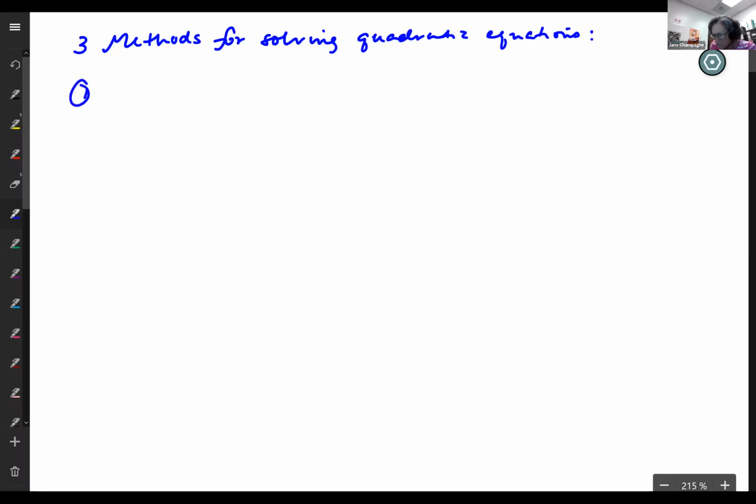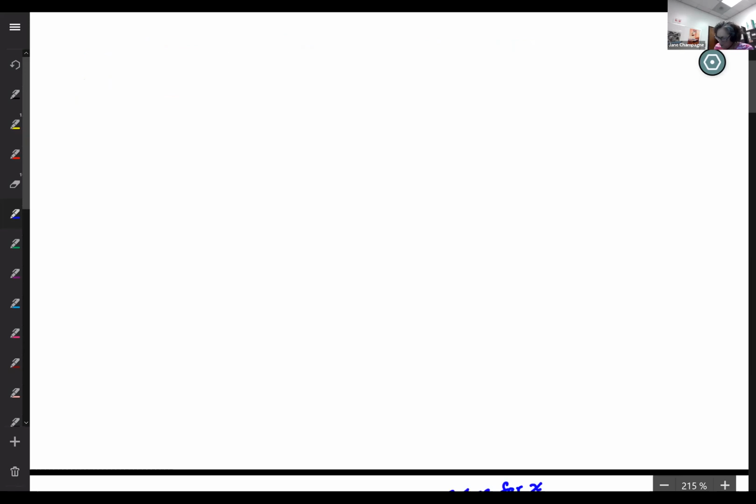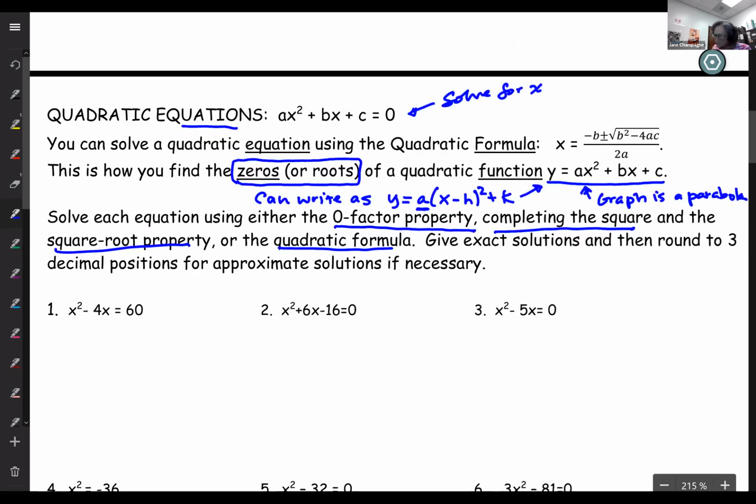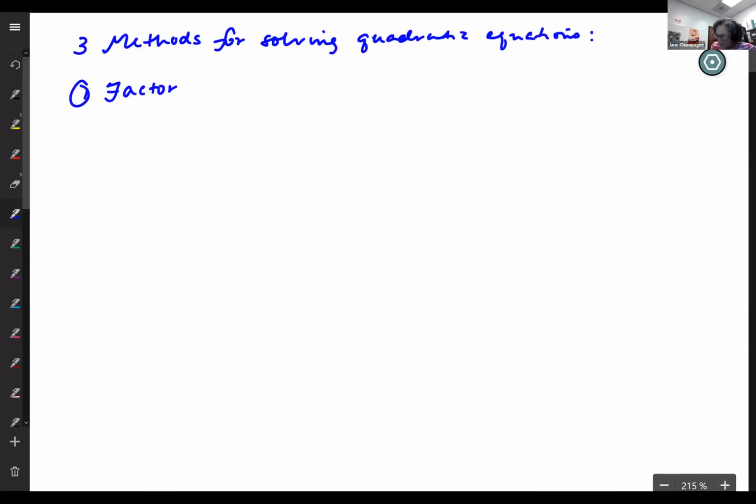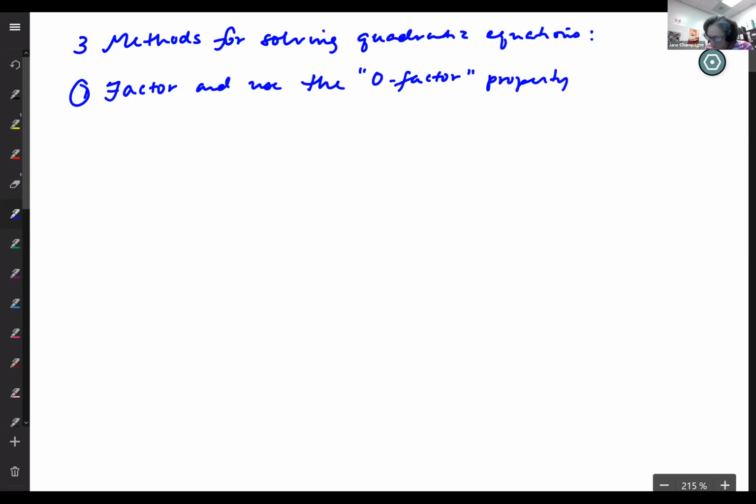One is where you factor and use the 0 product property or the 0 factor property. Sometimes it's called the 0 factor property. Actually, I think it's supposed to be product.